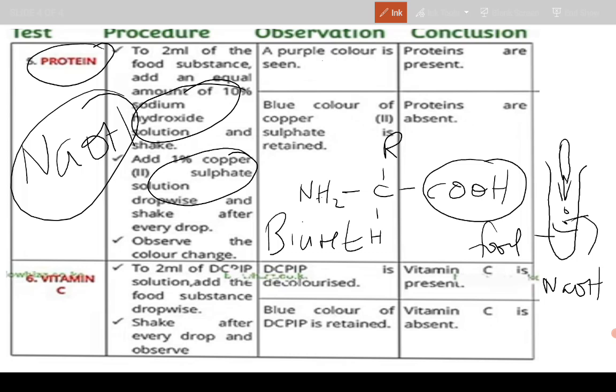If the color changes to purple, then it means proteins are present. Okay, another description is lilac. Lilac is a color that is close to purple. Okay, but just say purple color is seen, it means that proteins are present. But if the mixture still remains blue, the blue color of the copper sulfate remains unchanged, it means that proteins are absent. So take good note of that.